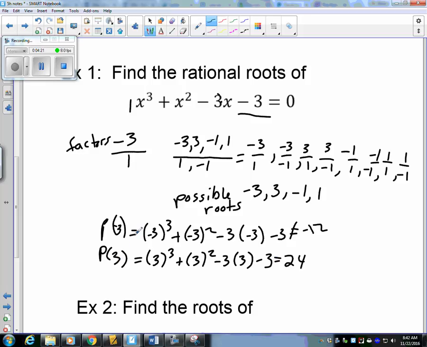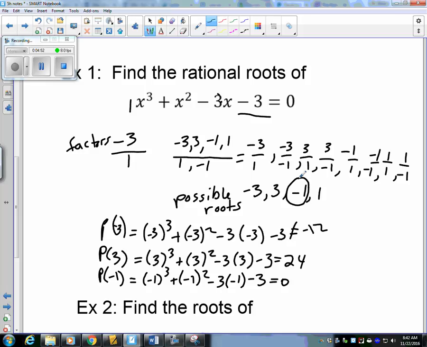Let's try -1. (-1)^3 + (-1)^2 - 3 times -1 - 3. So (-1)^3 is -1, plus 1 is 0, plus 3 is 3, minus 3 is 0. So far we have -1 is a root of our polynomial.